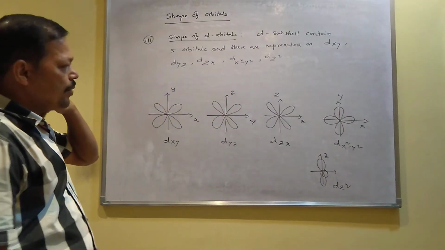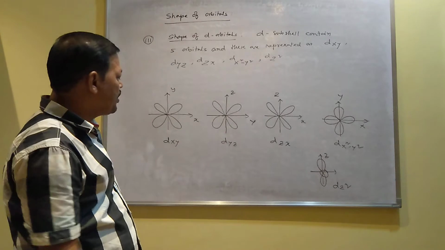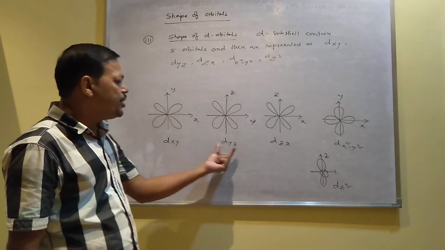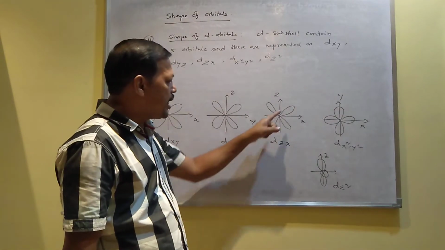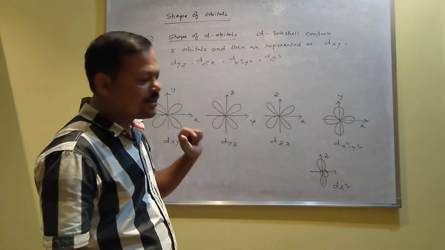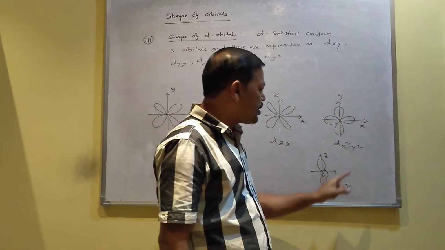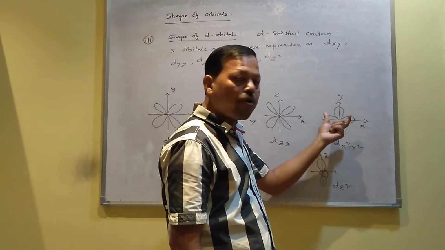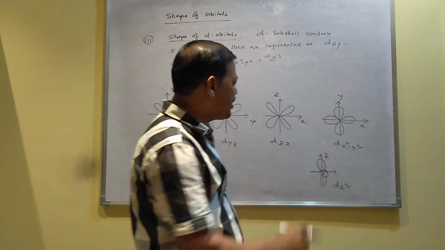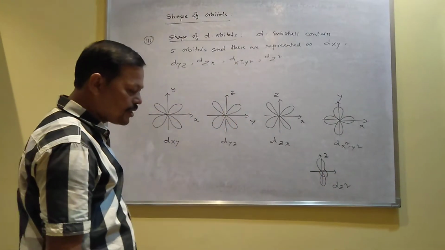So now you have got the shape of 5 d orbitals. dxy, dyz, dzx, their loops are present in between the axis, and x square minus y square and z square, their loops are on the axis. This is the structural difference between the orbitals.